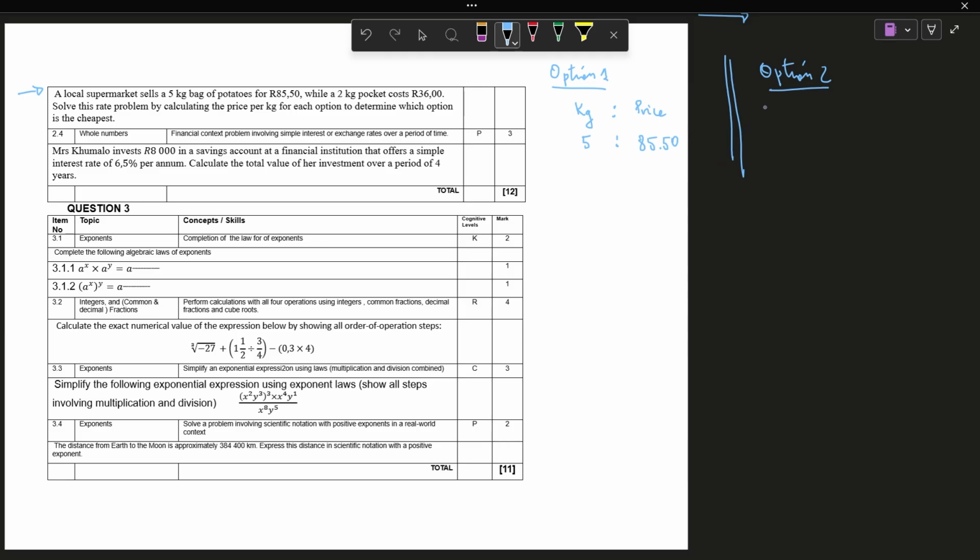So again, we've got kilograms versus price. And in the second option here, you buy 2 kilograms for the cost of 36, okay? So we need to compare. And they gave us a hint here on how to compare.